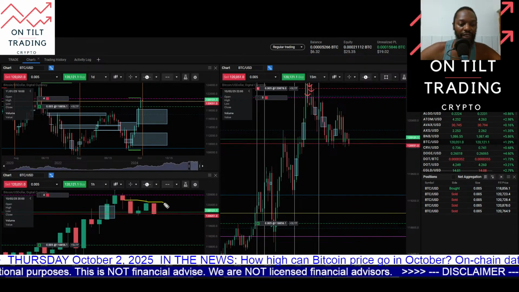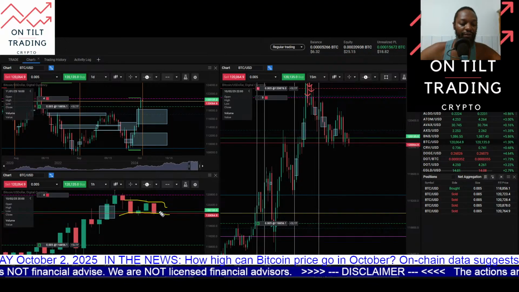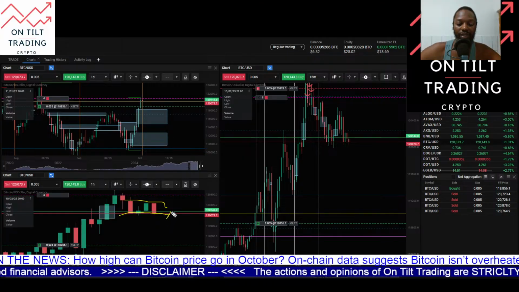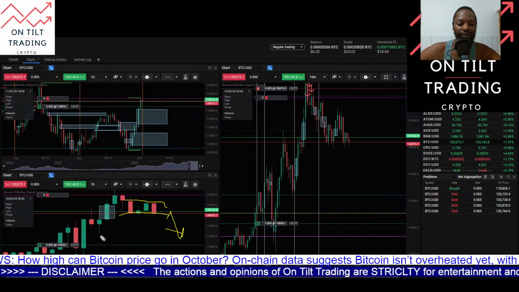This would likely be the area of a mitigation block that would come back and retest and deliver to the sell side.